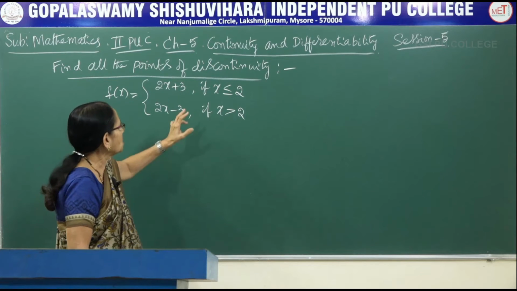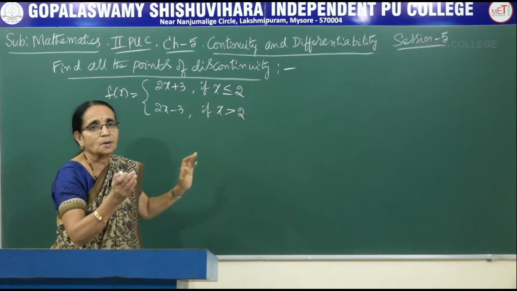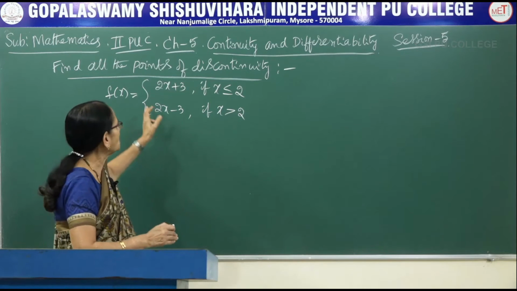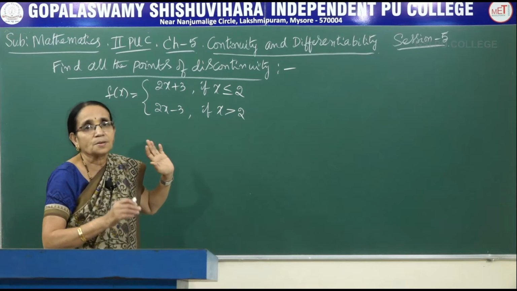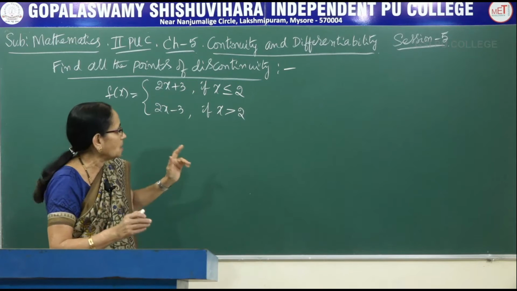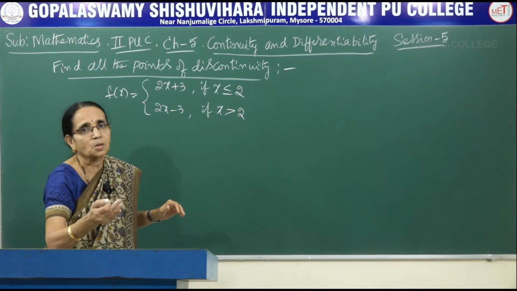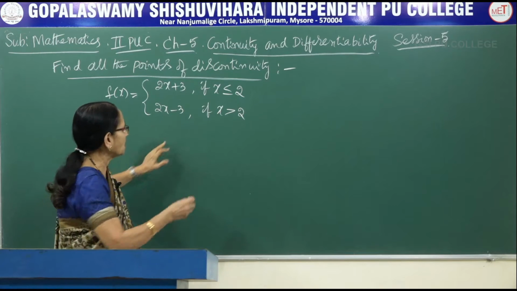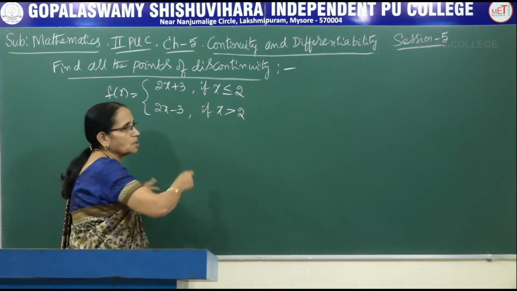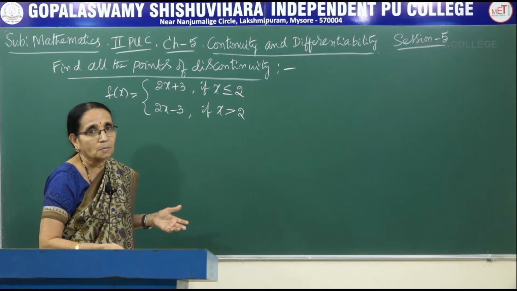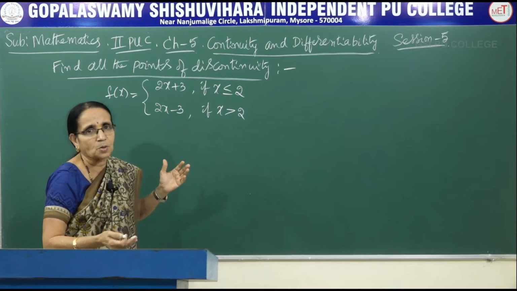First one, when x is less than 2, that is before number 2, what about the continuity? Is it continuous or not? Then, if the value of x is more than 2, that is after 2, the function is behaving like this, and what about the continuity? Will it be continuous or not? So, before 2, after 2.